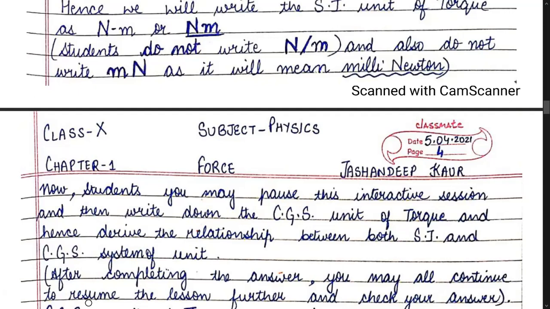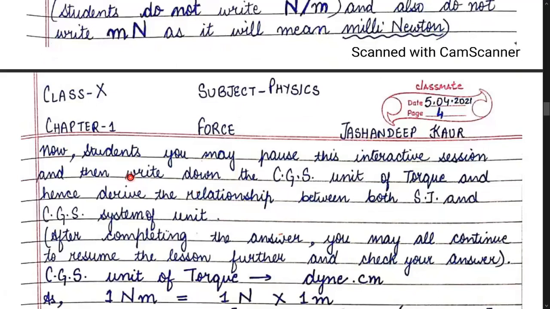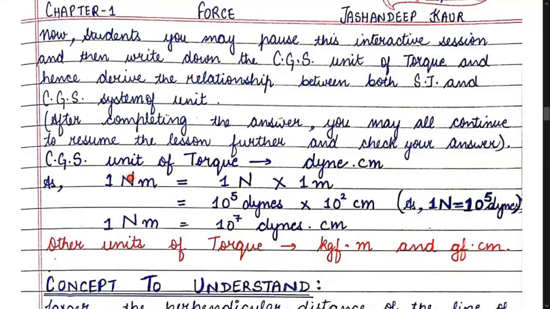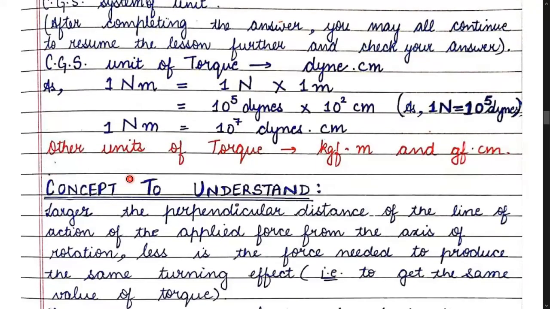Now I hope you must have written the derivation part. So let us see the relation. First of all, the CGS unit of torque is dyne multiplied by centimeter.